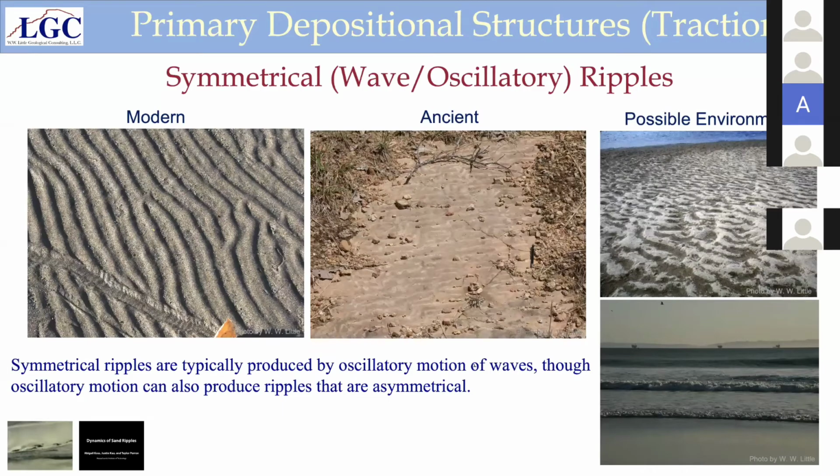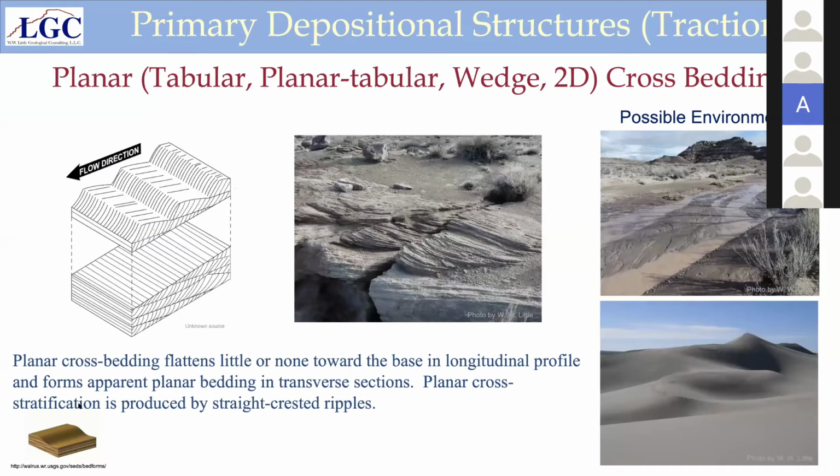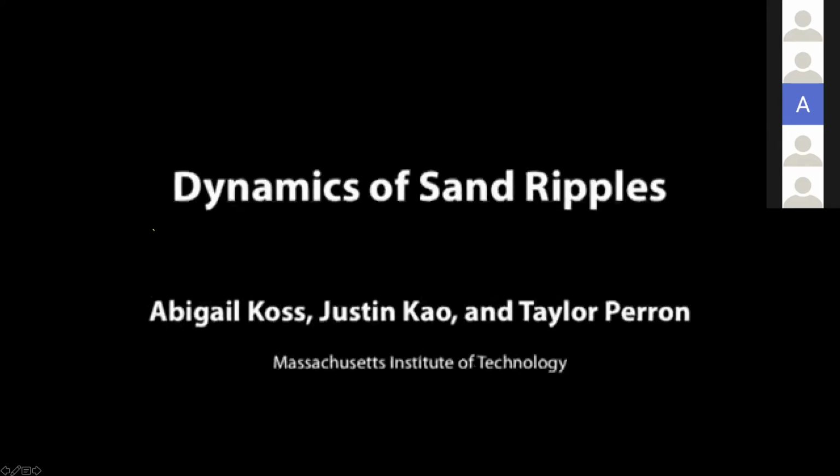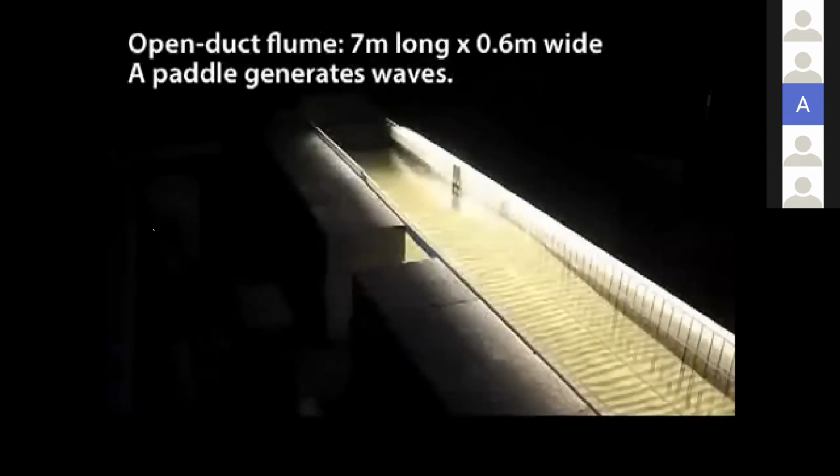However, that backflow from the circular motion of the wave is going to prevent the ripple from having the very steep slip face that you see in the asymmetrical dunes. Okay, another wave tank experiment.